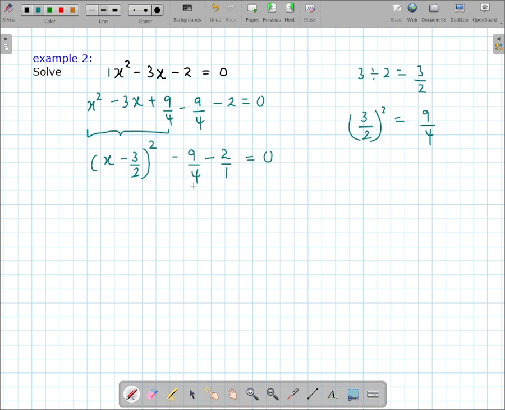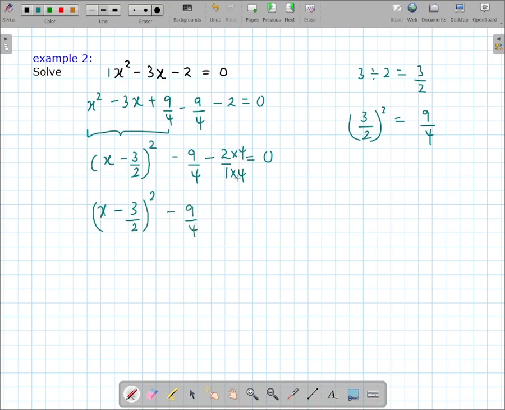Then here the denominator is 4, so I can make the denominator 4 here also, multiplying by 4 on the top and bottom. Then I get (x minus 3 over 2) whole thing to the power 2 minus 9 over 4.